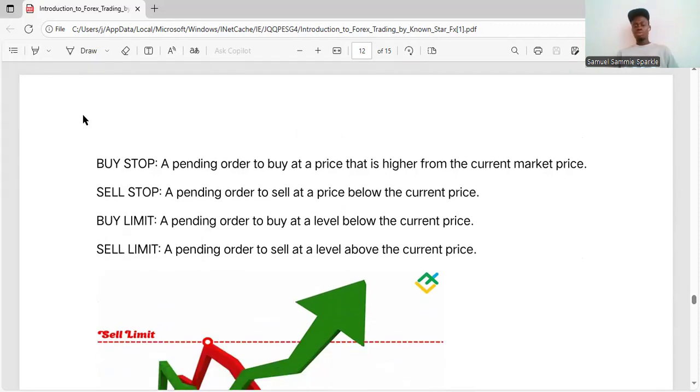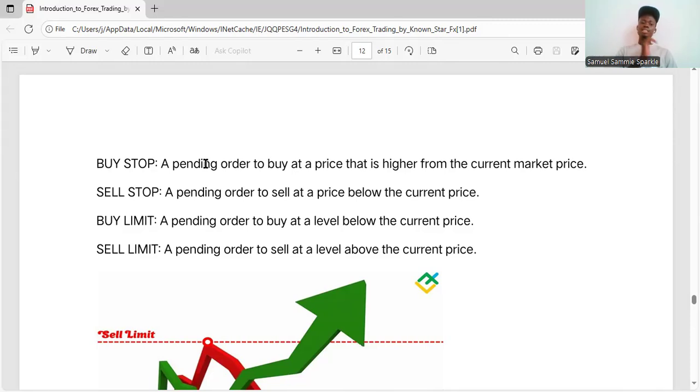Now, once you hear a buy stop, let's say you get a trade on buy stop XAUUSD, it is a pending order to buy at a price that is higher than the current market price. Let's say the market has been buying, and above a resistance level there is a buy stop.